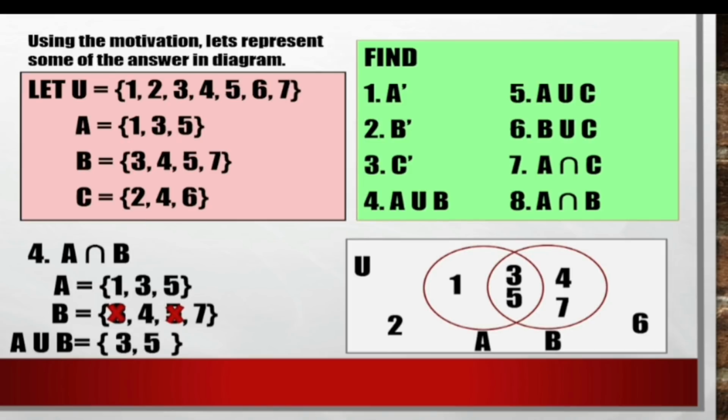Because again, by definition, intersection means common elements between these two sets. So if we will represent it in the diagram, we simply highlight elements 3 and 5. So that's how you represent elements in a Venn diagram.